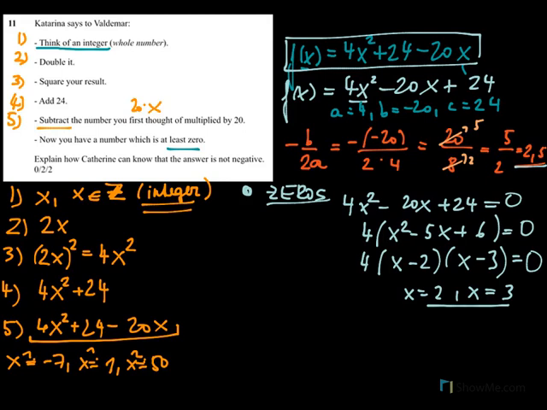But with this question I think it's a better idea to start with the zeros and then find the x-coordinate of the vertex as the midpoint. I will sketch the function here very roughly. So I know 1, 2, 3, 2 and 3, and this is my vertex.